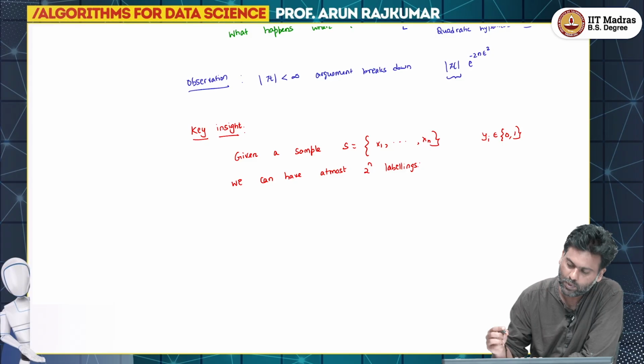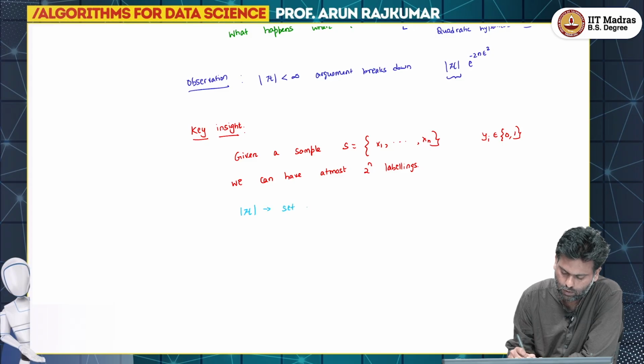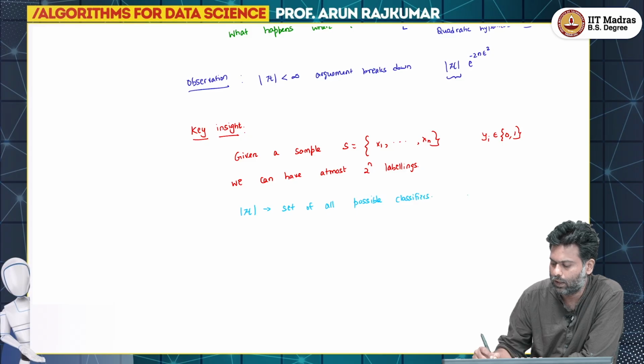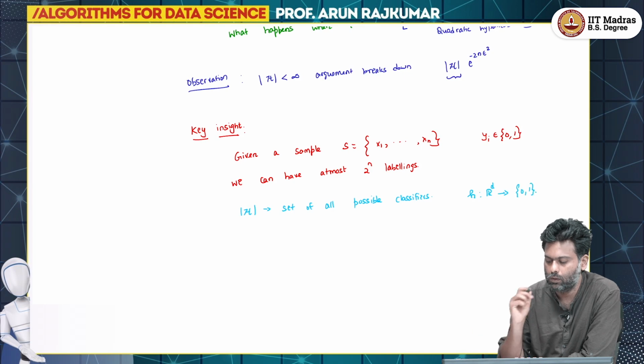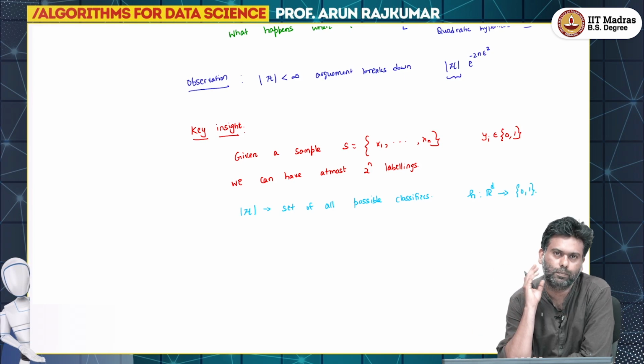So now what does this mean? Let's say we have our hypothesis class as the set of all possible classifiers. That is, every classifier is a function from, let's say, R^d to 0 or 1, and we have every possible function.